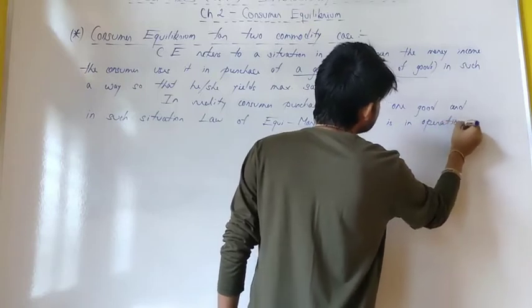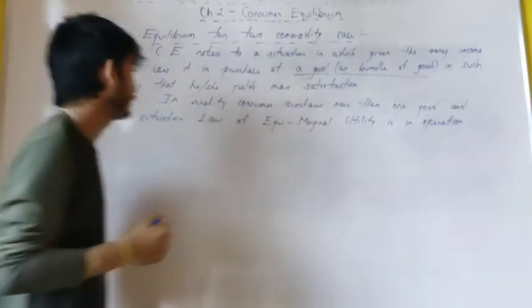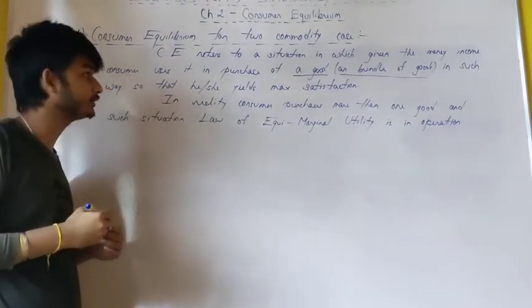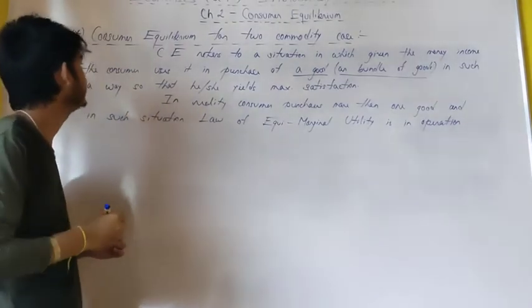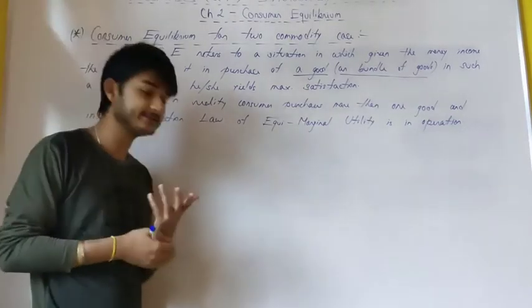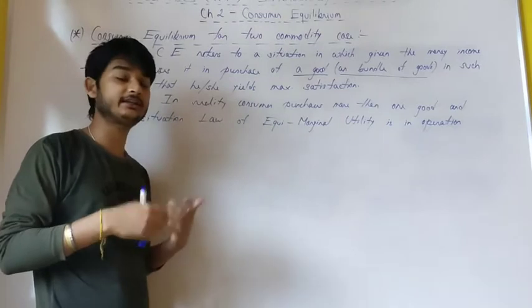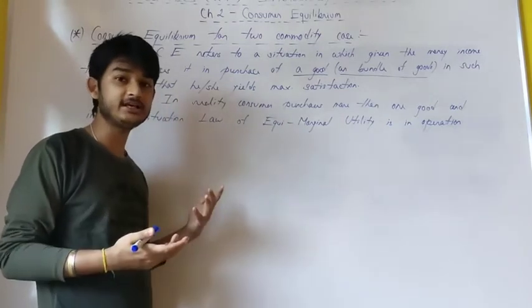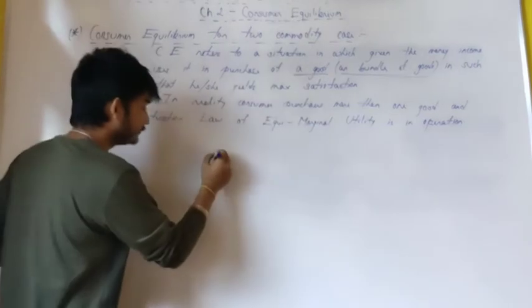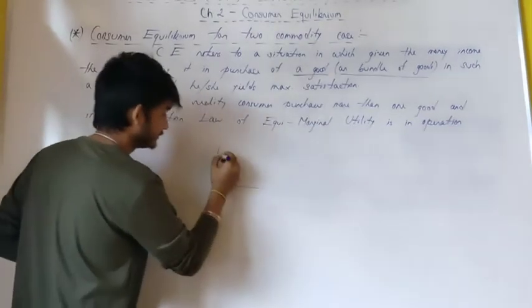Well, students, if you pause this video right here and go back to the last class where we discussed consumer equilibrium for a single commodity case, you will observe that the marginal utility is gradually falling, and we got a curve something like this.